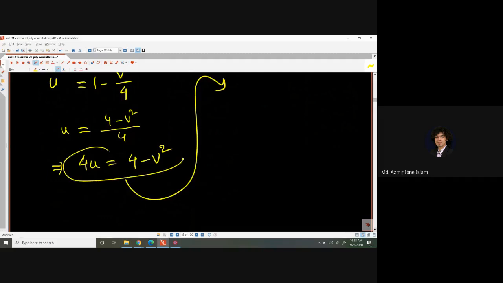It is already in implicit form. Now we need explicit form. So, let me correct again, v squared equal to 4 negative 4u. Is that okay?